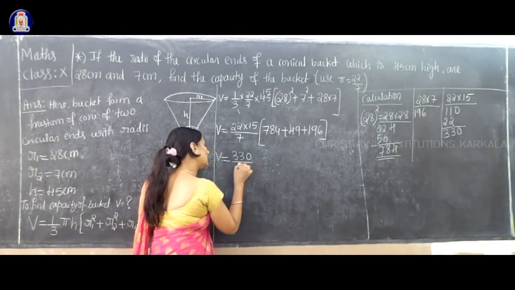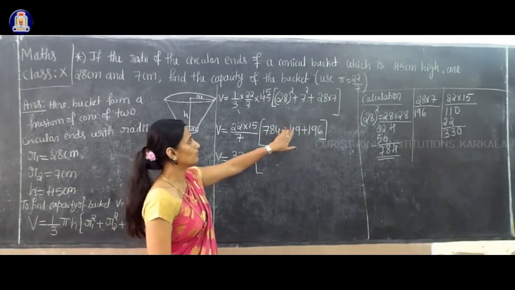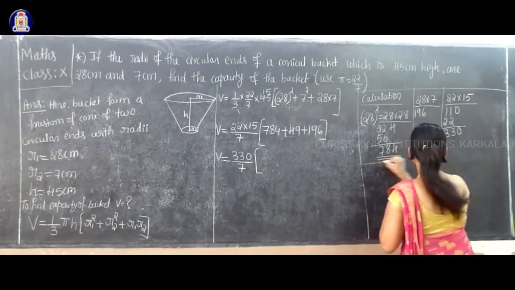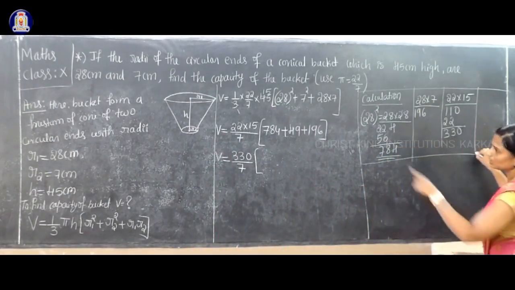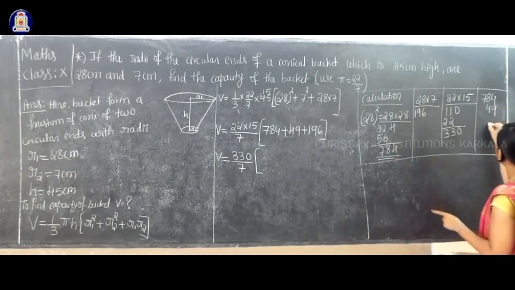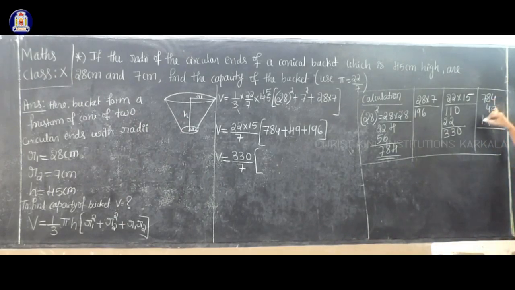330 divided by 7. So add this one: 784 plus 49 plus 196. So here I'll do 784 plus 49 plus 196. Correct, no?